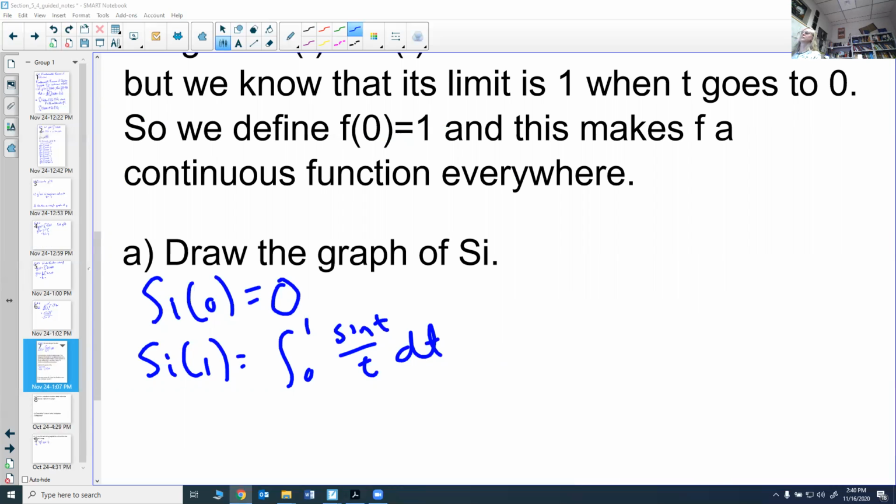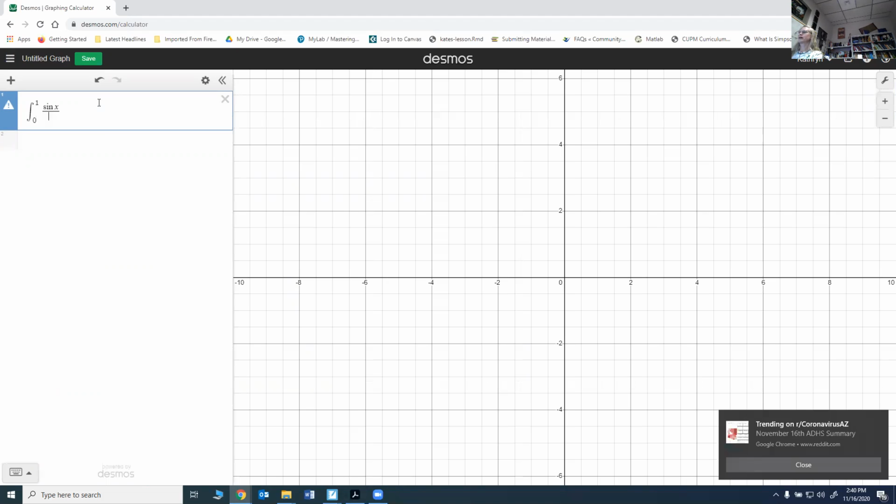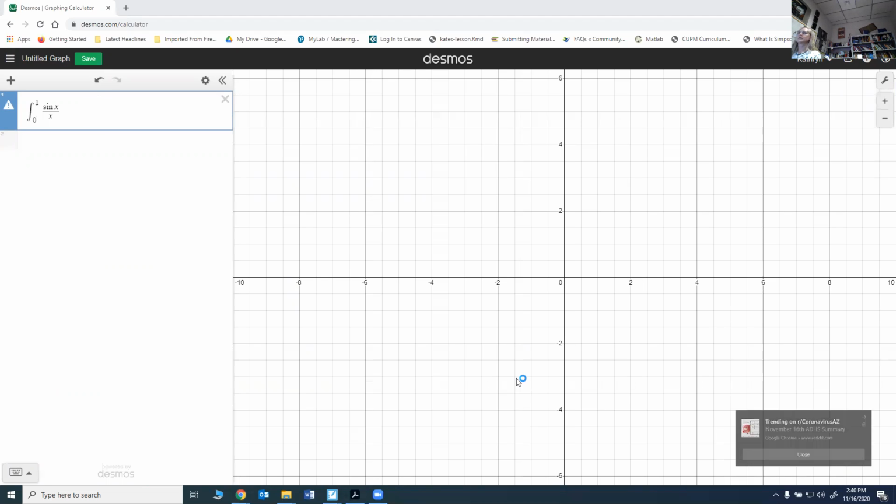So here's Desmos. And I want to find the integral. My integral is going to go from 0 to 1 of the sine of x divided by x dx. We use x instead of t.